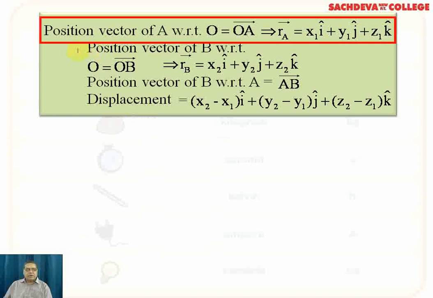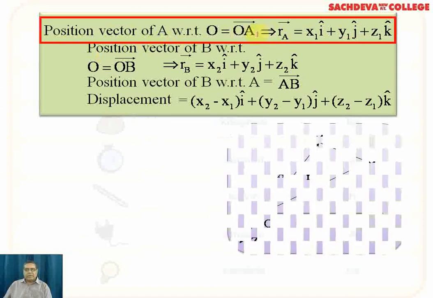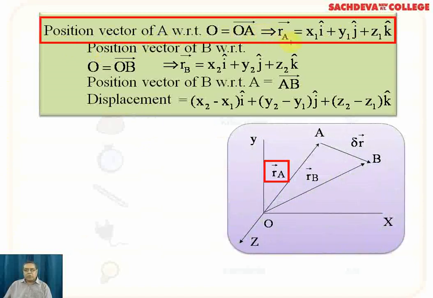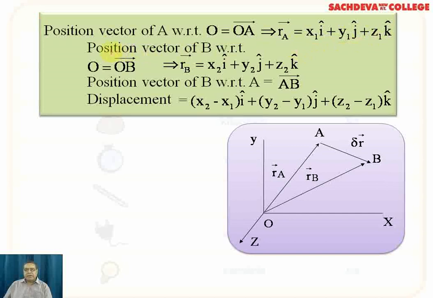Now, position vector of A with respect to O will be OA, and it can be represented by RA as shown in the figure. So RA will be x1 i plus y1 j plus z1 k, where i, j and k are the unit vectors along the x-axis, y-axis and z-axis.